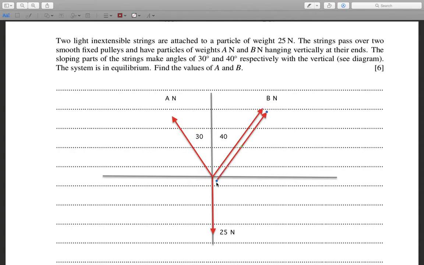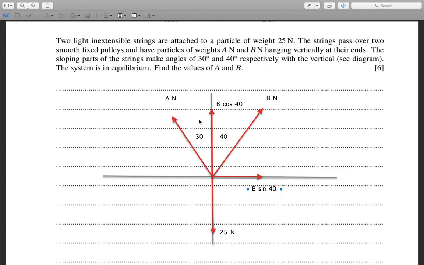If we separate B or A into x and y components, we get here B sine 40, and also we have B on the y direction, which is B cos theta. Okay, we get the separated components of B.